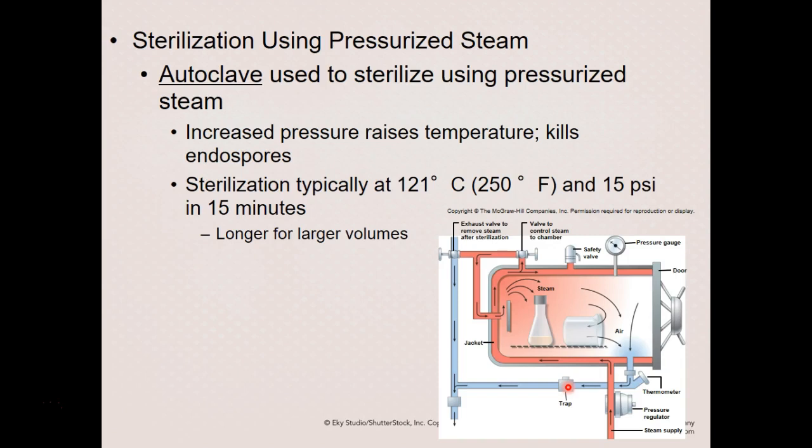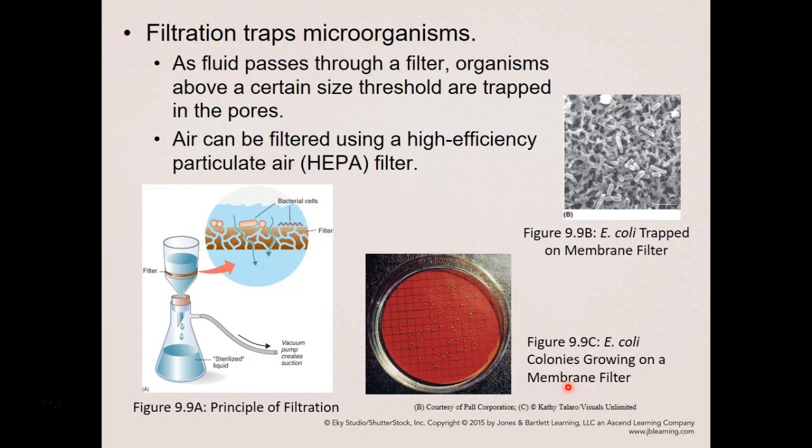And when you increase the pressure in the system, it causes the temperature to rise. And this allows us to kill off microbes that normally would not be able to be killed off. This is what we do to sterilize all of our media. It's also what we do to get rid of the bacteria that are being grown in the lab.